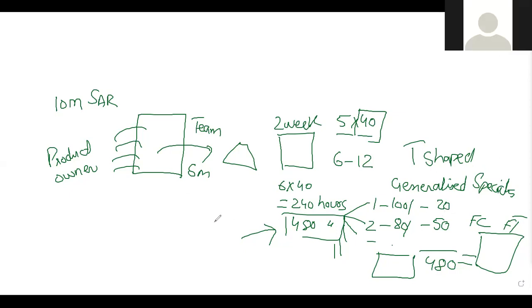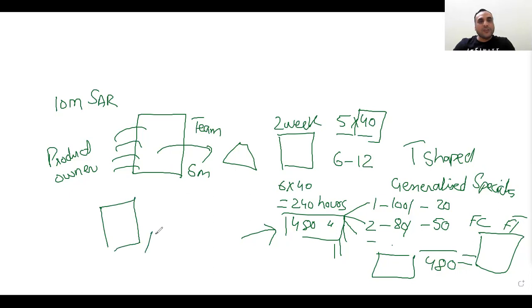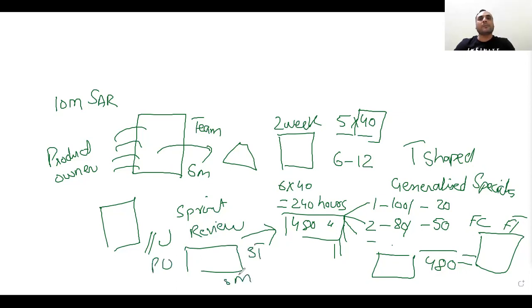So when the agile team finishes 2 weeks, there will be a sprint review meeting. What is a sprint review meeting? The product owner will be sitting here, the Scrum team will be sitting here, and the Scrum master will be sitting with them. The Scrum team will demonstrate whatever work they have completed.